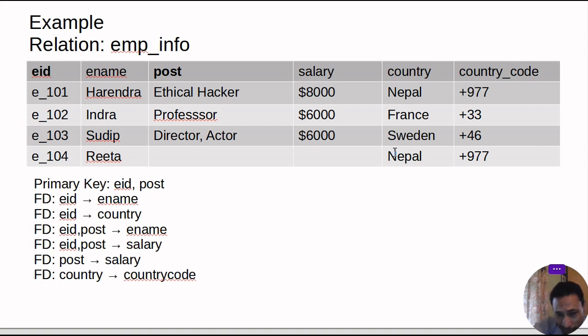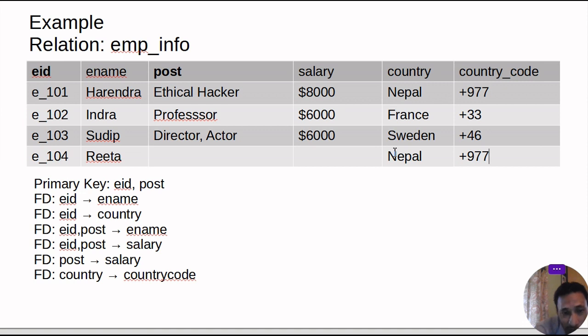In this table we cannot insert this new employee because we do not have value of post for this employee Rita. Post is part of primary key, and we know that primary key cannot be null. Value for primary key must exist. So as we do not know post of Rita, we cannot insert record of Rita to this table.